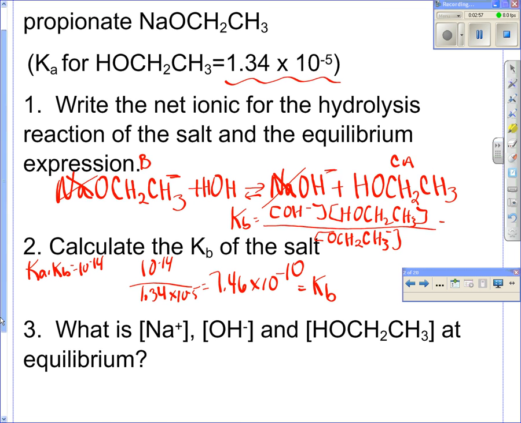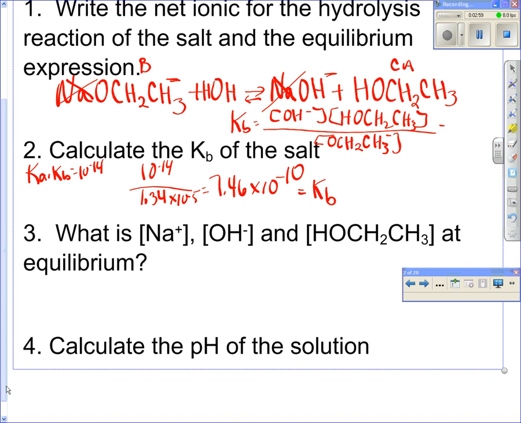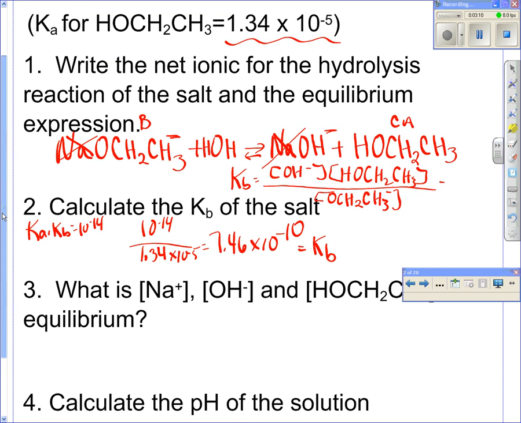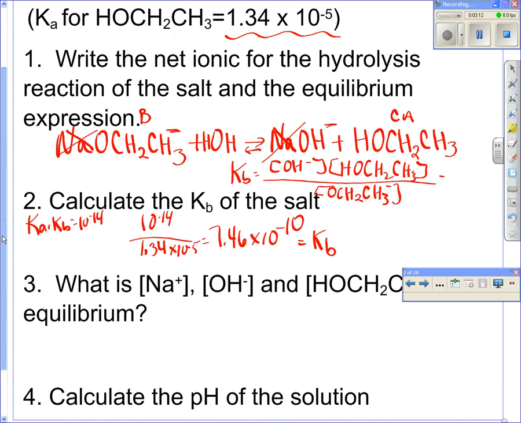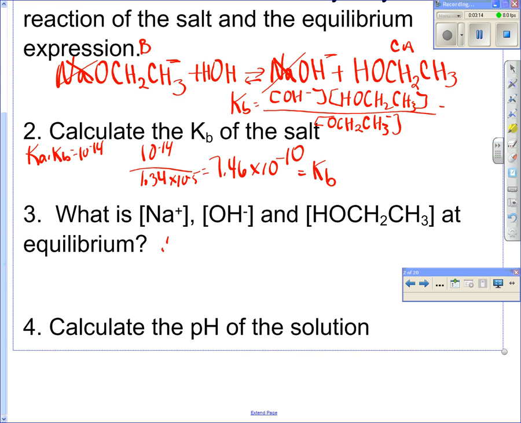Now it wants to know what the concentrations of each thing are. There's a little tricky one in there, and that's the Na plus concentration. Remember, we crossed those out, which means they didn't change. So if I look back at the top, I see that I have a 0.45 molar solution. So that's going to be my concentration of the Na plus. That's not going to change.